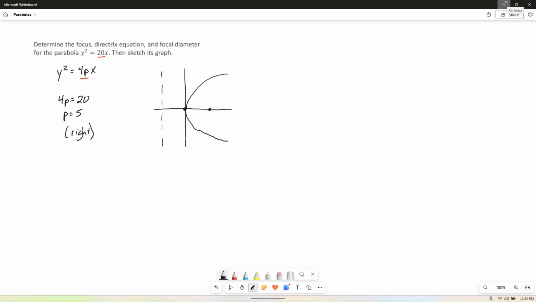So let's start with the focus. Remember, the distance from the focus to the vertex is measured by p. And since the vertex is at the origin and we're moving 5 units to the right, the focus is going to be at the coordinates (5, 0). And then the directrix. So remember, the directrix is the same distance, but now to the left.